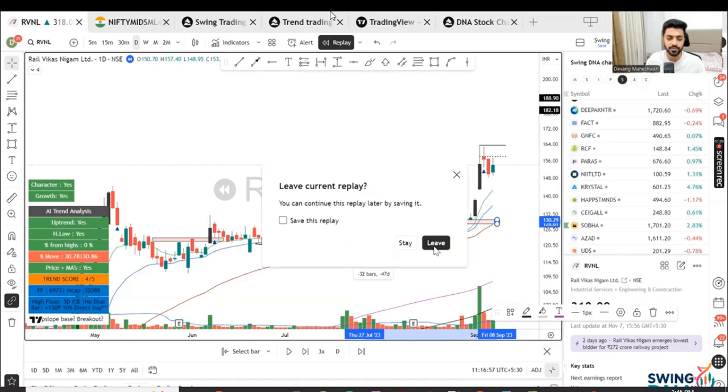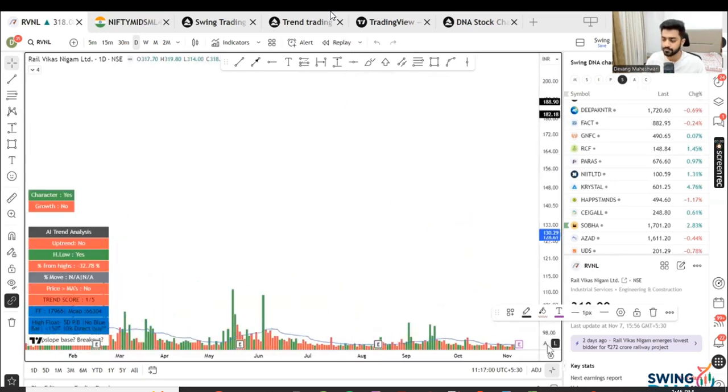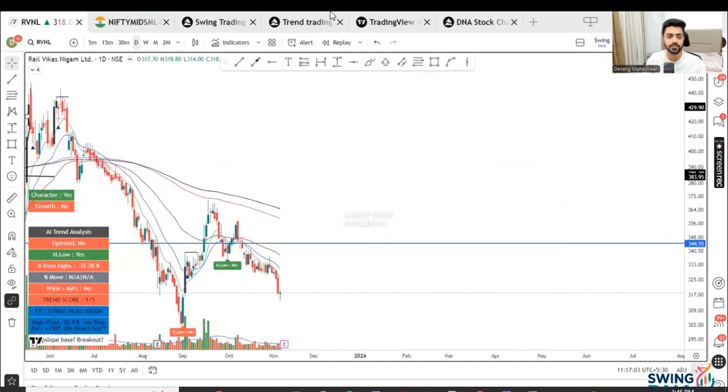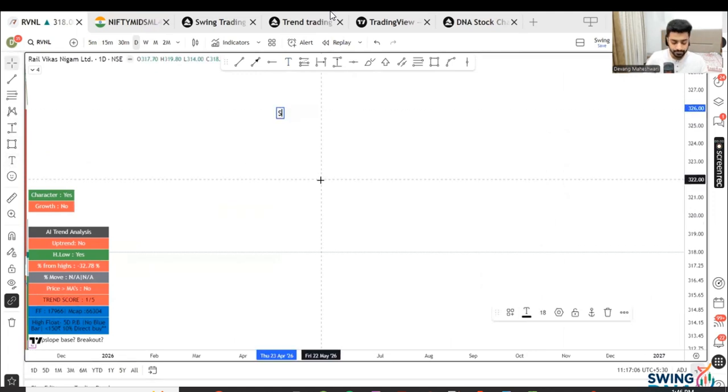Let's see sectoral move. How to know whether it's a sectoral move or not? The answer to this is simply presence of mind.